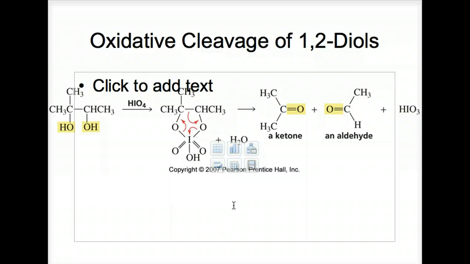If the carbon is bonded to an R group and a proton, the product will be an aldehyde that you see on the right. Here we see 2-methyl-2,3-butane diol being oxidatively cleaved into acetone and ethanal. So periodic acid, HIO4, cleaves diols into aldehydes and or ketones.